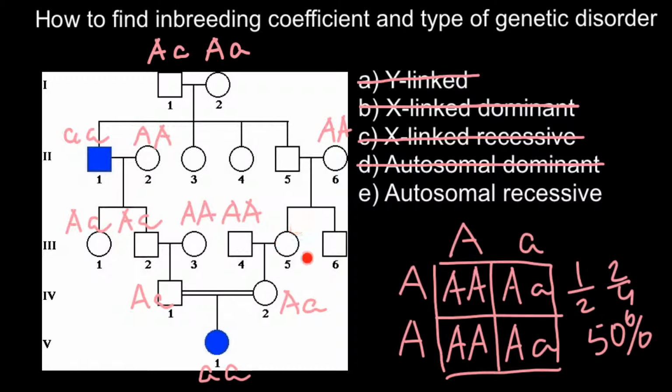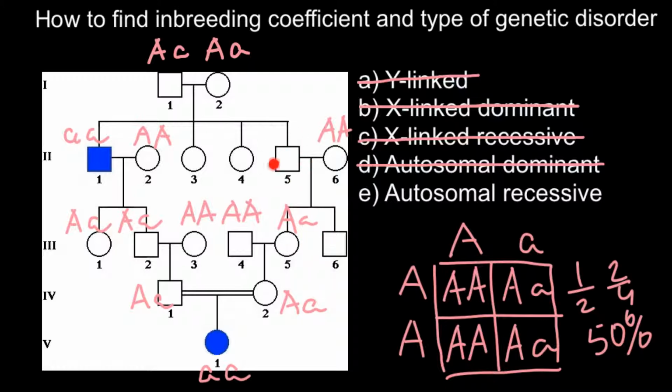So that means that this person also has to be a carrier, because this person looks phenotypically normal, but as we know, he has to pass the recessive allele to his progeny, so he has to be a carrier.